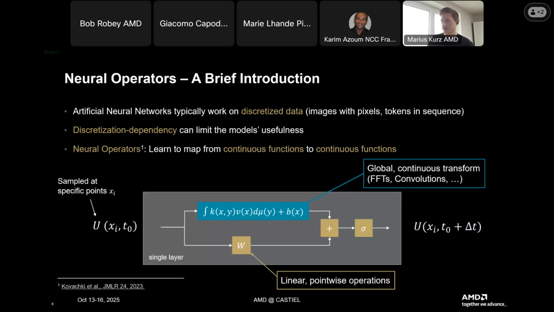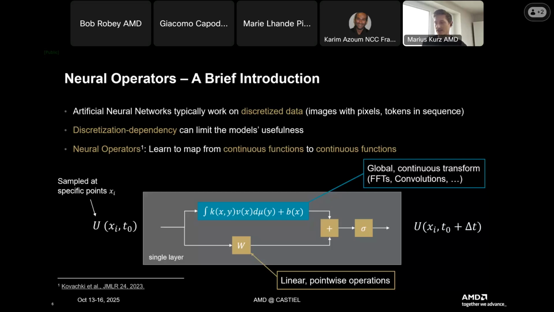So don't worry. And the key idea is, if you take the state of your system, which again is this U function, which you can evaluate, like you can measure, for instance, at a specific point called xi, and then you pass that to your neural operator, what you will get out in the end is again a function evaluated at a specific point. And you achieve that by only using 2 types of transformations in your model.